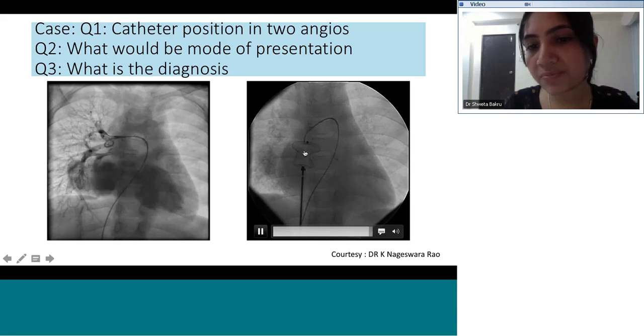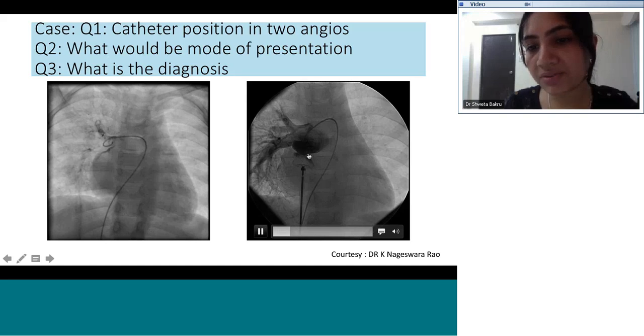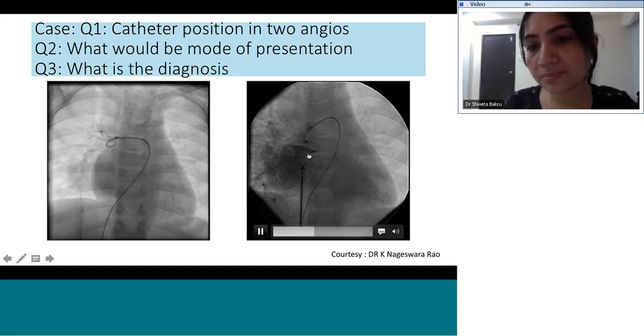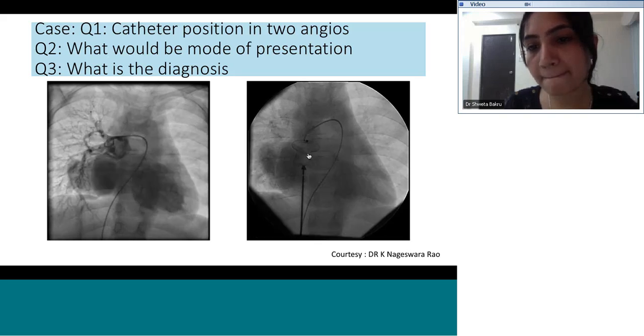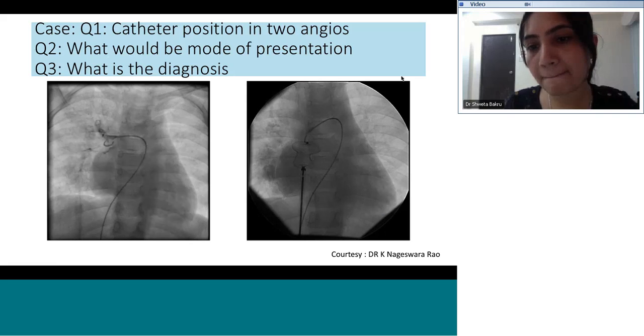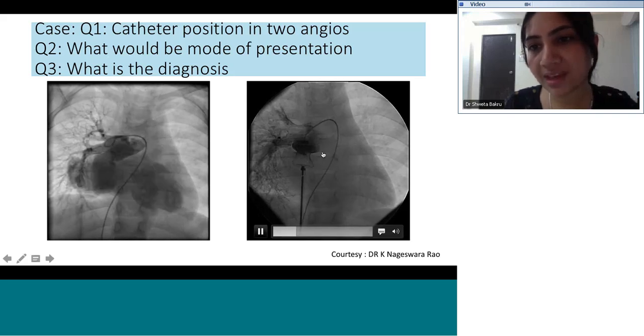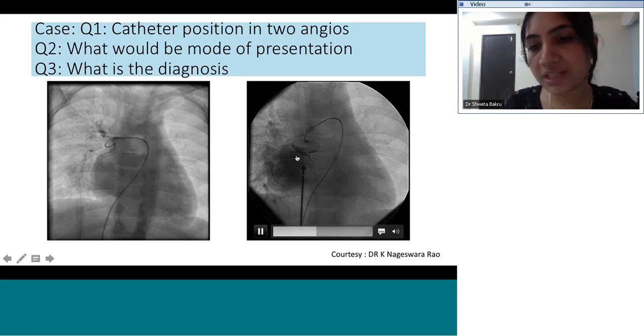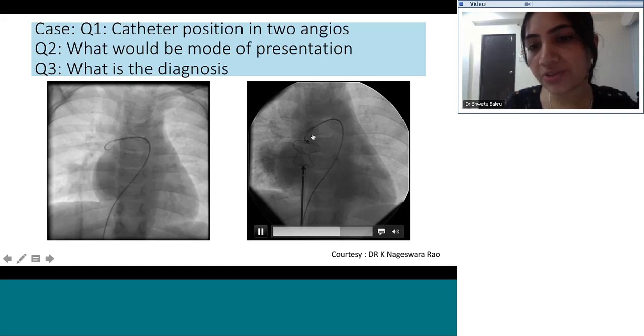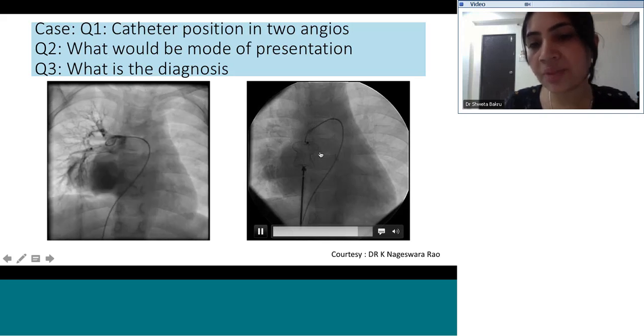Where is this device located? Actually, this device is located between the communication of the right pulmonary artery to the left atrium.